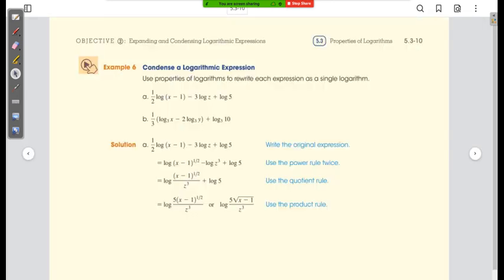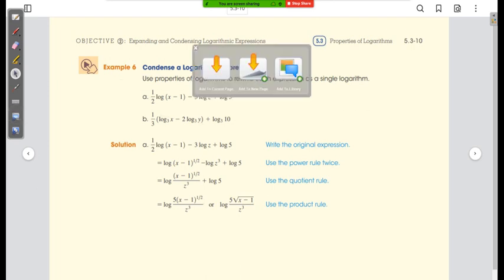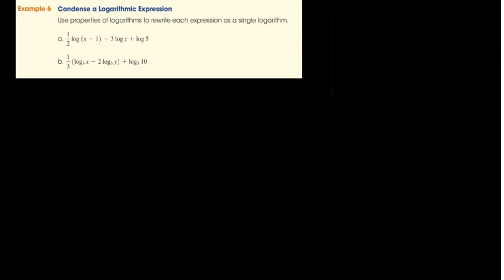Alright, so let's condense some more. Right away, let's jump into it. We see that we have a power rule starting off, so let's put the 1/2 on, and let's make it a square root.